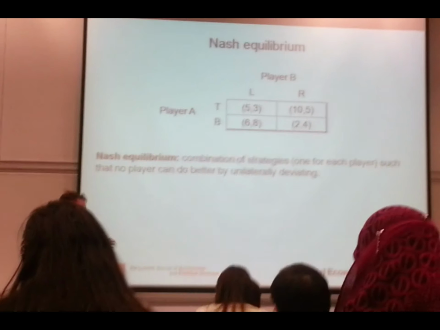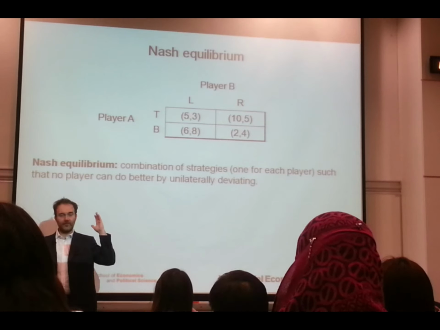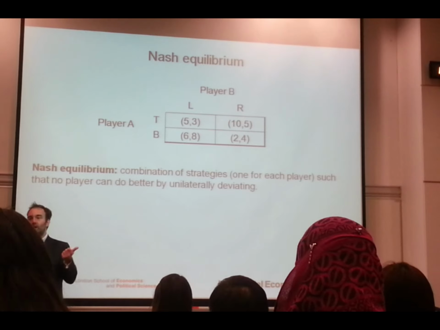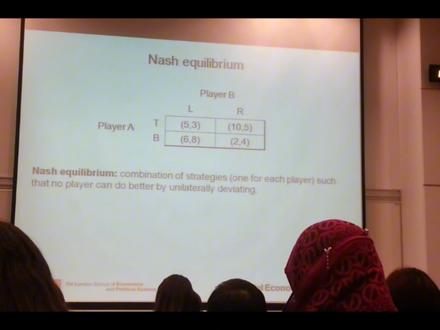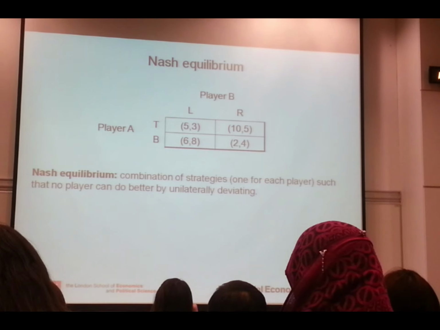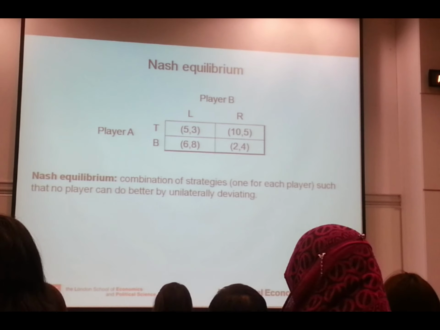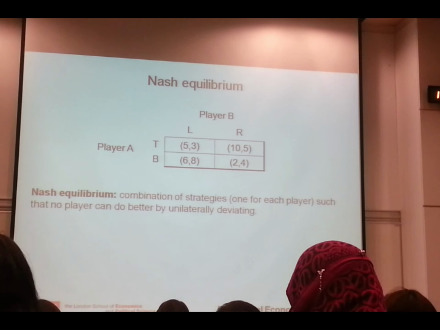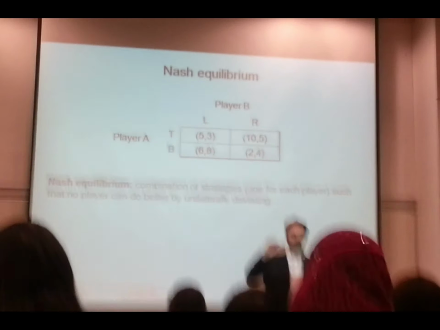So if you're currently choosing the left strategy, or strategy 1, and if you could choose strategy 2, and that gave you the same outcome, that would not be an incentive to choose 1 instead of 2 or 2 instead of 1. You are equally happy with both, which means that there's no incentive to change from what you're currently doing. Okay. So that's the second point. No player can do better, meaning that we're completely happy with weak inequalities. Because if I get the same payoff, I still have no incentive to change.